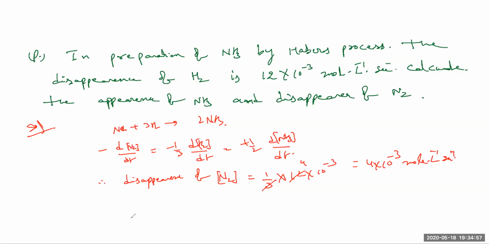Next, what I asked, appearance of ammonia. From that equation only, d of NH3 by dt is the appearance of ammonia, no? So the appearance of ammonia is equal to, bringing this side here, 2 by 3 times the disappearance of hydrogen. Disappearance of hydrogen is 12 into 10 power minus 3.